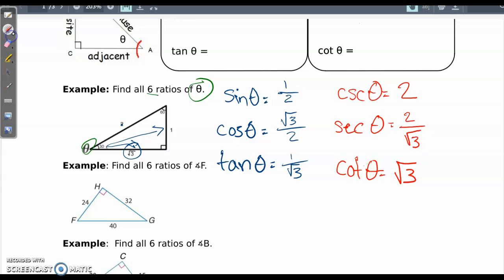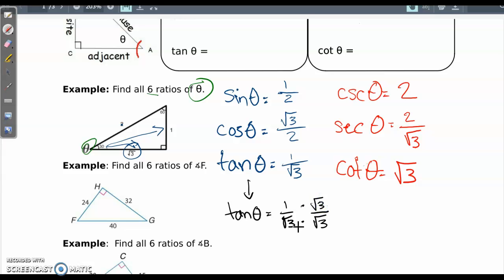And the way we rationalize is we multiply the fraction by 1. So I'm going to take this tangent of theta. I'm going to multiply it by 1. And when I multiply it by 1, I'm going to multiply the numerator and denominator by whatever this square root number is.